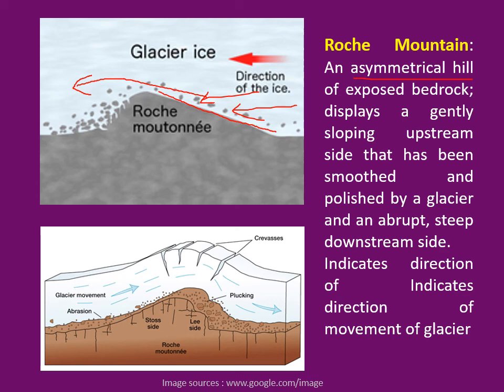Now, when these kinds of roche moutonnées are of large size, that means they are more than 1,000 meters long, they are known as flyggbergs.